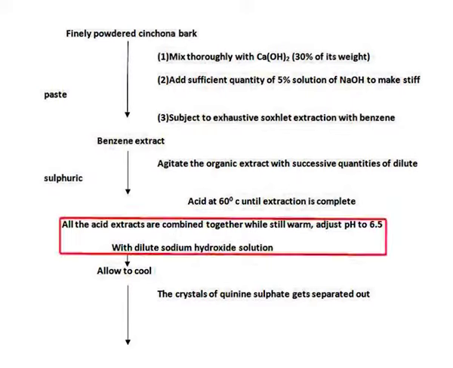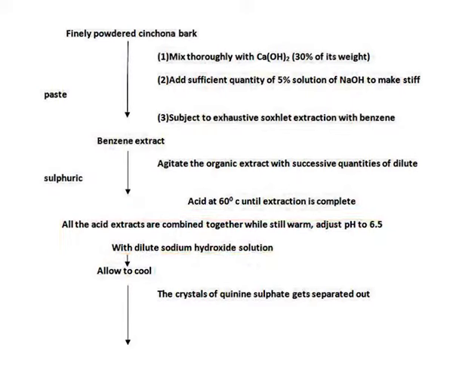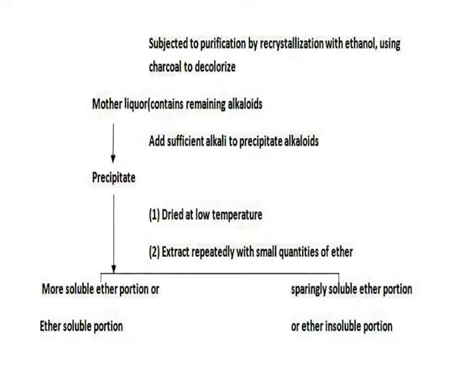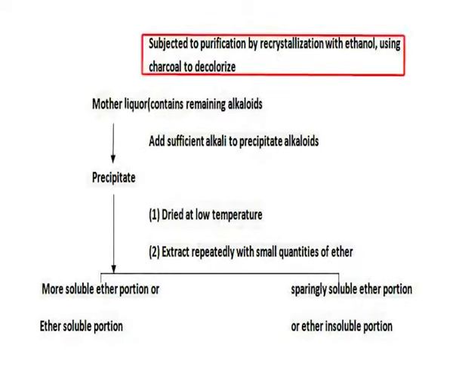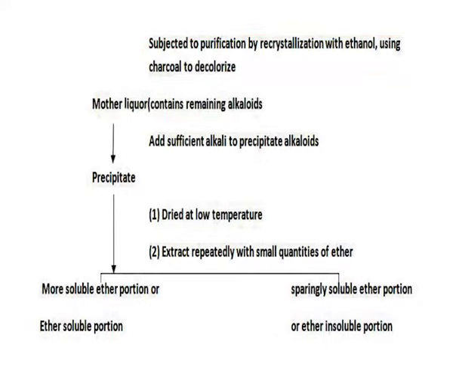Adjust pH to 6.5 with dilute sodium hydroxide solution. Then allow it to cool. On cooling, the crystals of quinine sulfate get separated out. They are subjected to purification by recrystallization with ethanol using charcoal to decolorize it.